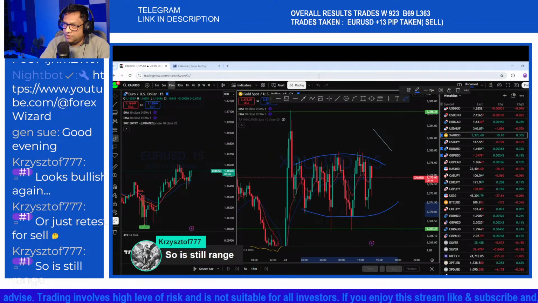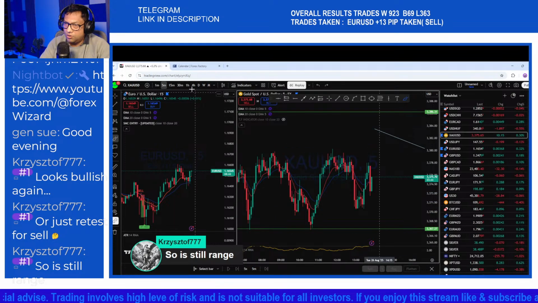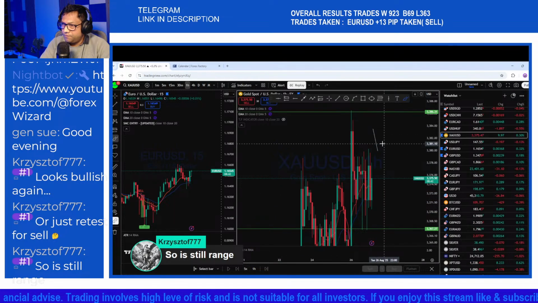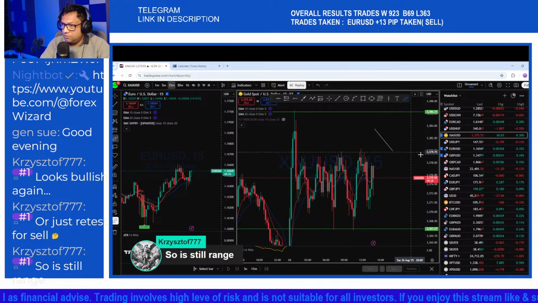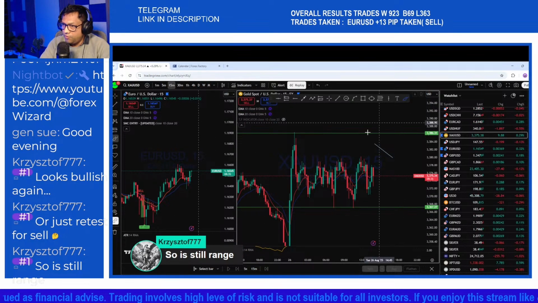This is a very funny structure, which sometimes I call a fish pattern. So let's form a fish pattern here.